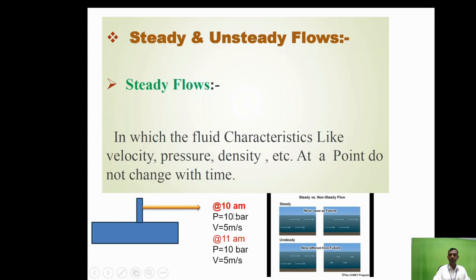See these two time durations: the pressure at 10 am is 10 bar, and at 11 am also 10 bar. There is no pressure difference, so this flow is called steady flow. The fluid properties do not vary with respect to time, so that is called steady flow.